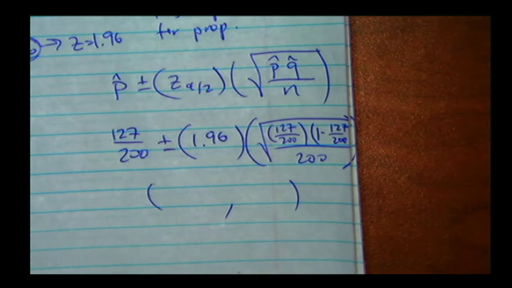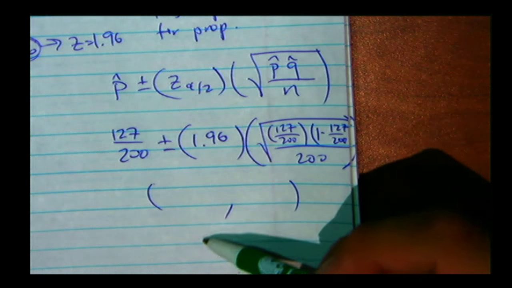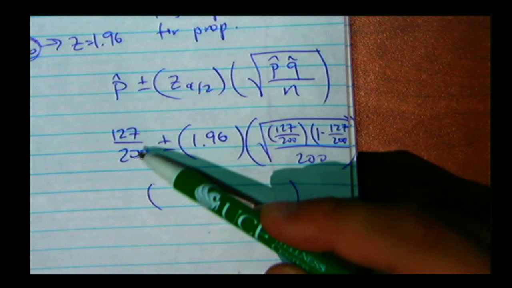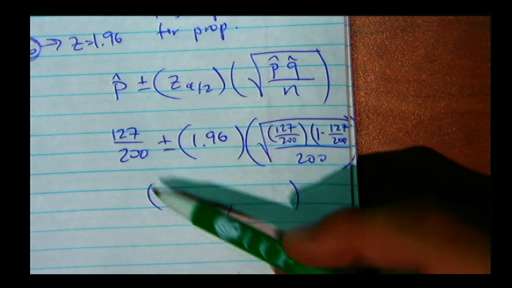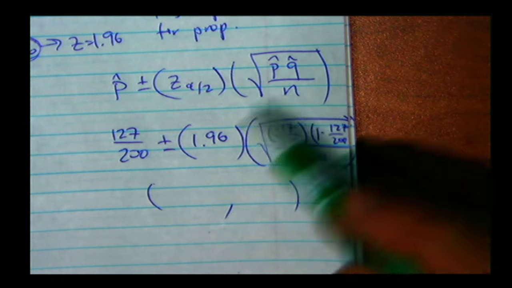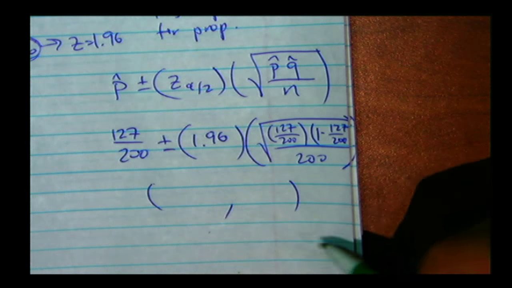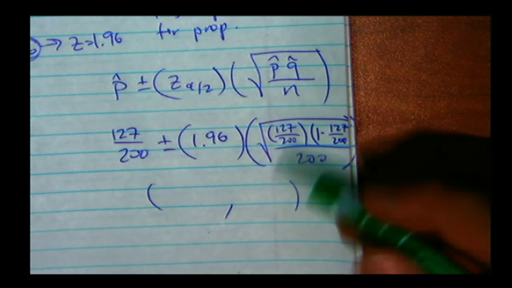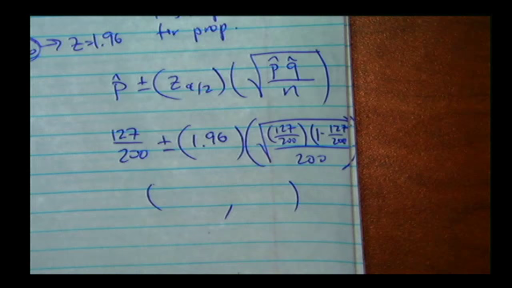When you subtract out, you get the p hat minus all this stuff here, and then when you add it, you get p hat plus all that stuff there. And this interval will be a 95% confidence interval estimating the true proportion of a particular population. Now, what does that mean in terms of the concept behind it? What we're looking at is the repetitiveness of a confidence interval given the string.